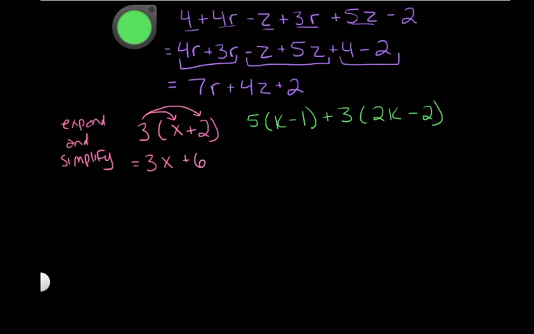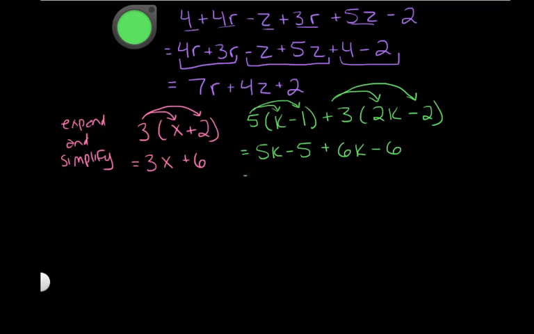So that means I have to do 5 times k is 5k, and 5 times negative 1 is negative 5. Over here, I have 3 times 2k, which is going to give me positive 6k, and 3 times negative 2 is going to be negative 6.